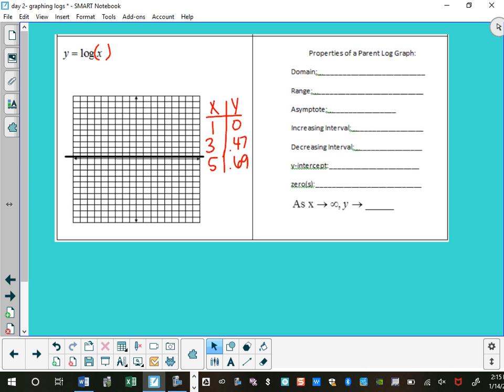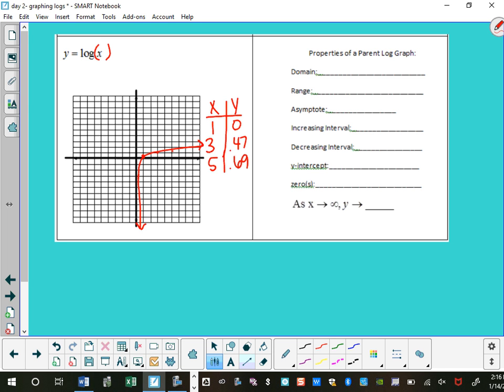You guys haven't really learned that yet, but give me a second. So 1, 0 is there. I'm basically getting really close. That's what my graph looks like.